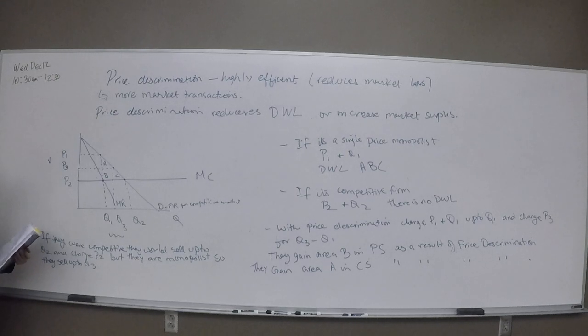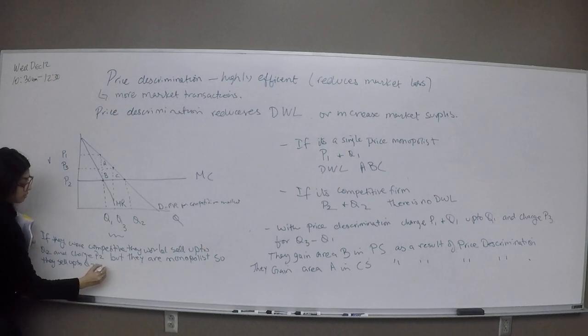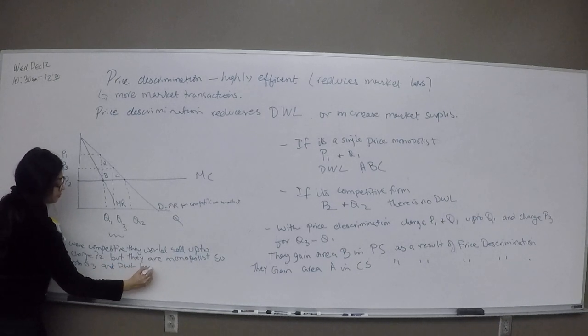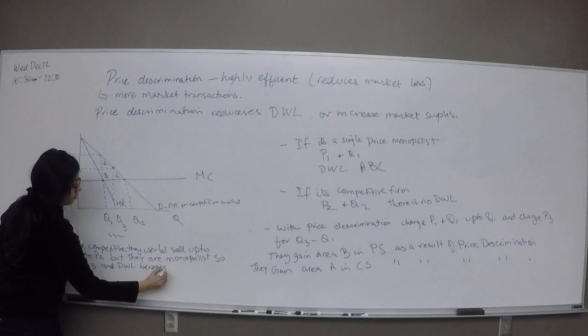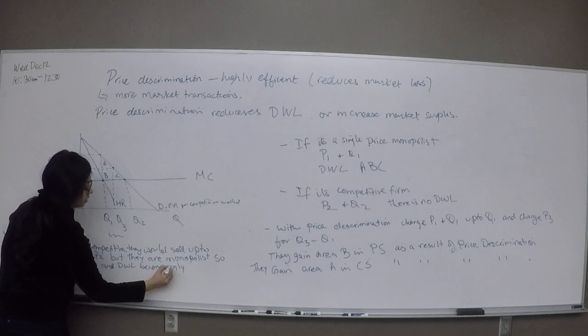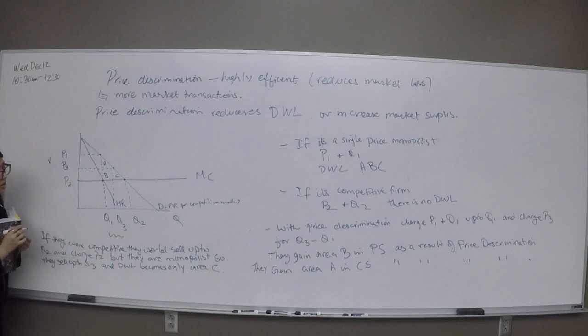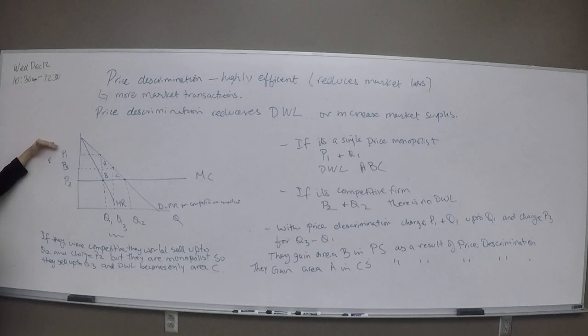Deadweight loss becomes only area C. So the price discrimination, charging P1 for a few customers and charging P3 for some of them, reduces the deadweight loss.